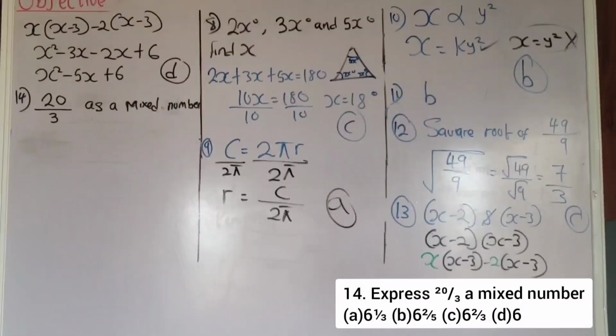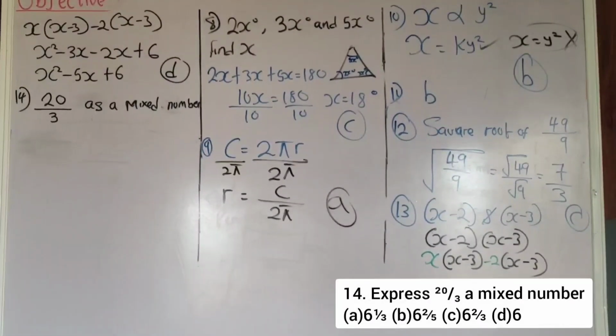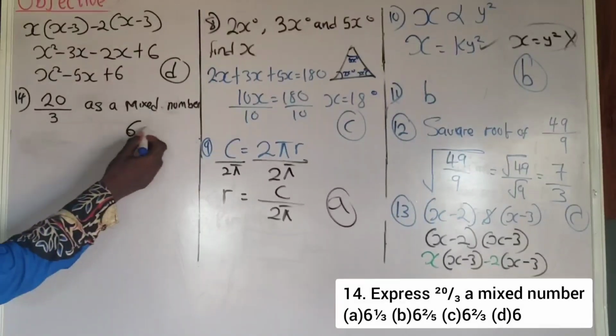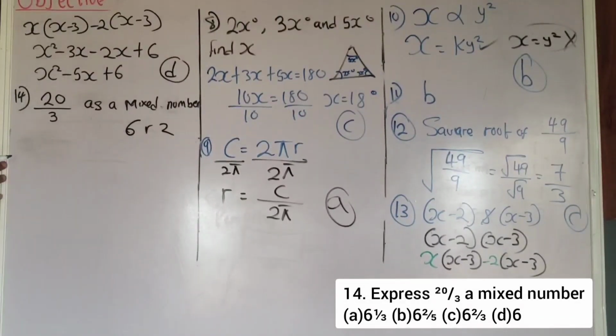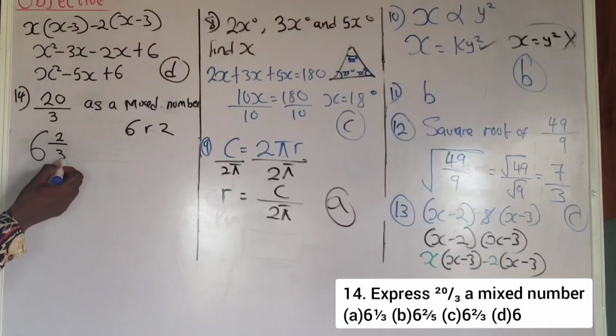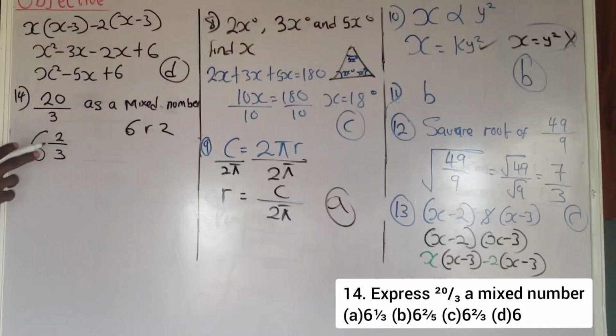Okay, divide 20 by 3. That is 6 remainder 2, right? Yes, 6 remainder 2. So if you want to express this as a mixed number, you're going to have 6 whole number 2 over 3. You write the remainder at the top, then the denominator you're going to create here.